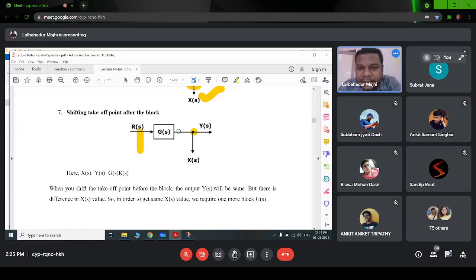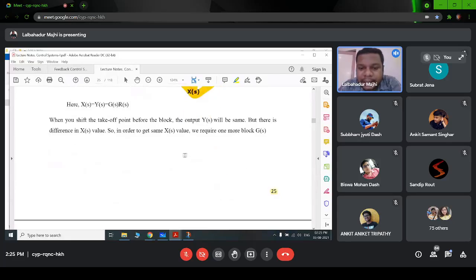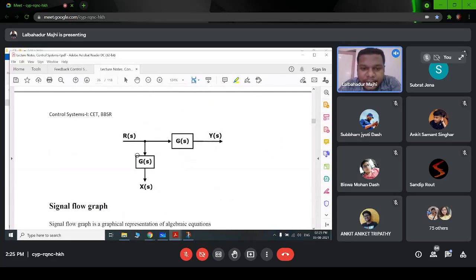This x of s is also this r of s into g of s, because the signal is also coming here, and y of s is also the same. So if we shift this takeoff point to here, then we will be missing a g of s term. So we have to add a g of s term here, so that our output remains the same.